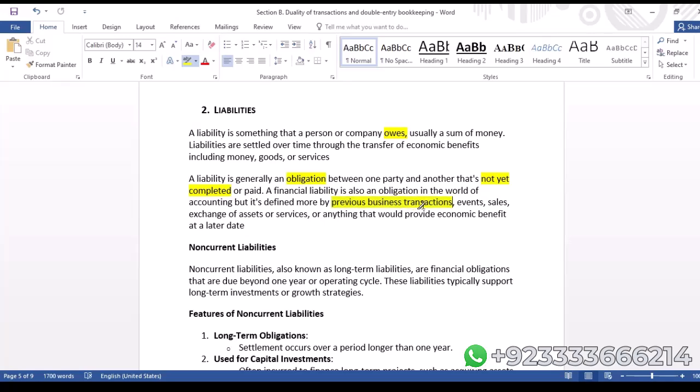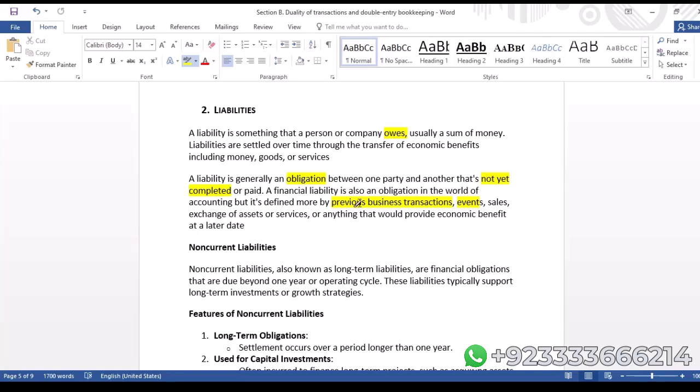Just for example, we took goods from a supplier. So it was a previous business transaction. The credit purchase was a previous business transaction. It was an event in the business where we took goods on credit from a supplier.